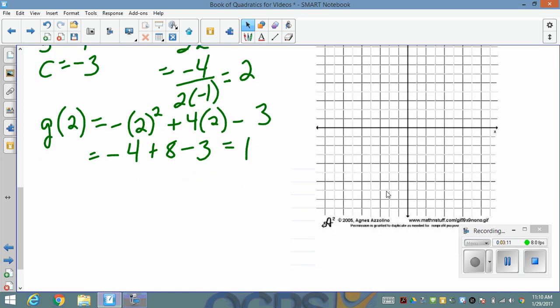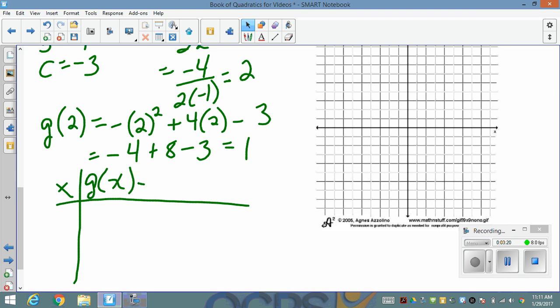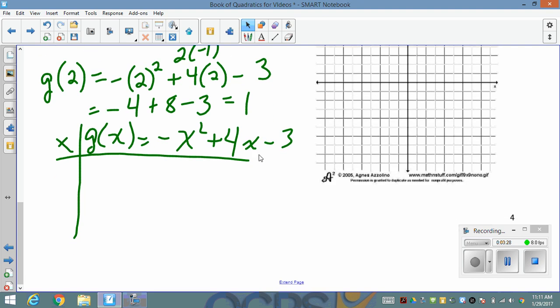So for my table of values, I am going to put 2, 1 right in the middle.